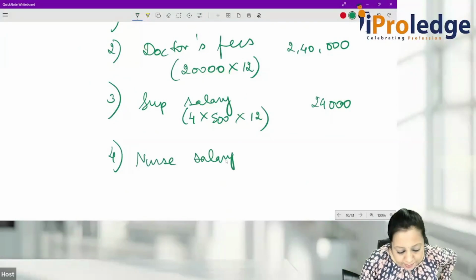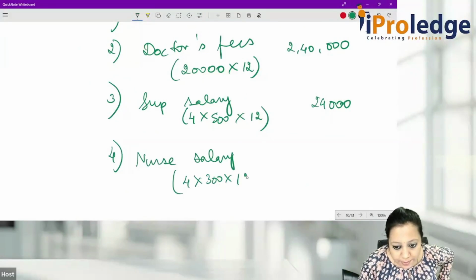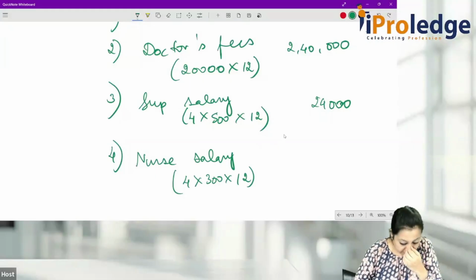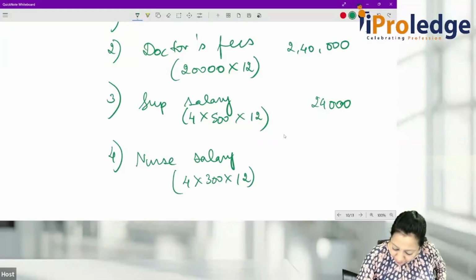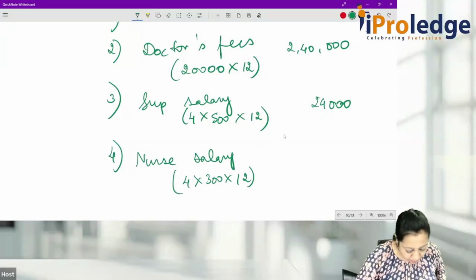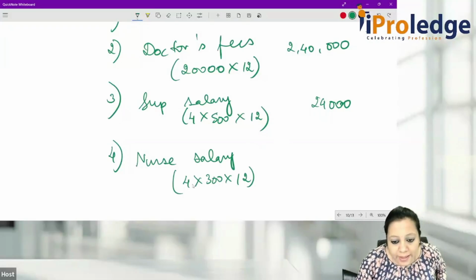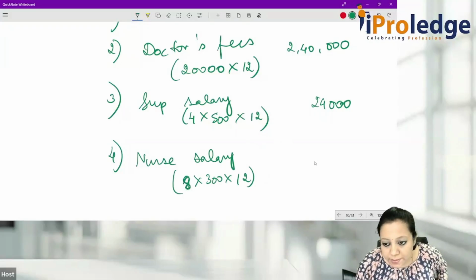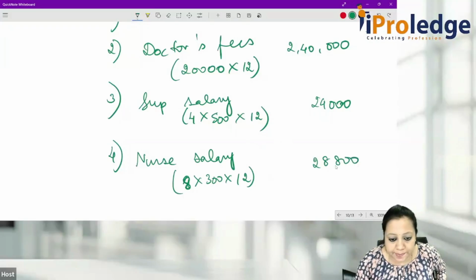Nurse salary, 4 into 300 into 12. Eight nurses, no? Eight nurses. 28,800.